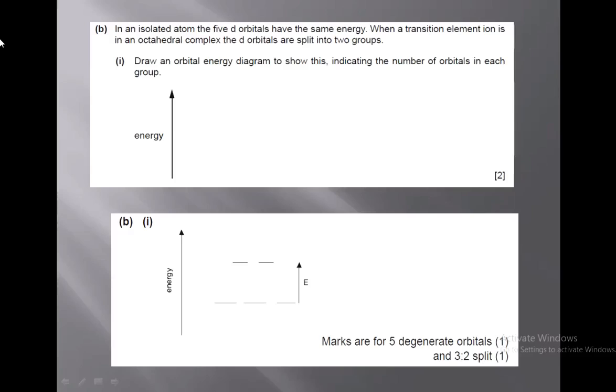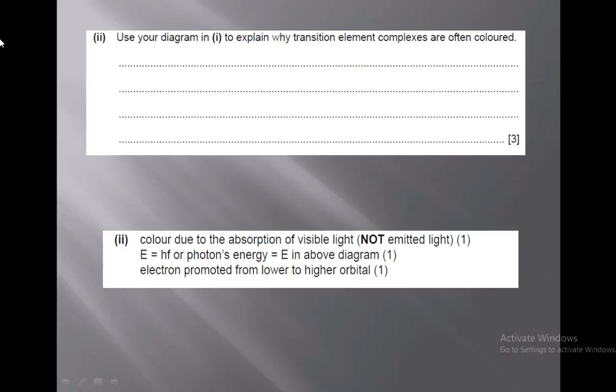So three statements were to be given. Here are the three statements. I have given the answer at the bottom of the slide. The first one is that colour is due to the absorption of visible light. The second one is E equals hf, or the photon's energy should be equivalent to E. Here E represents the splitting energy of the d orbitals.